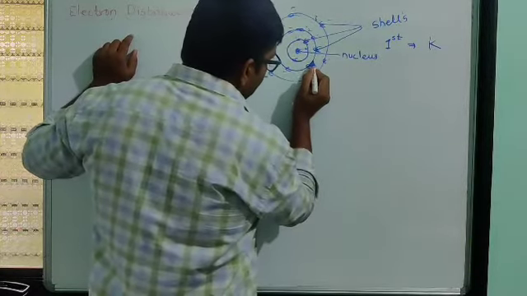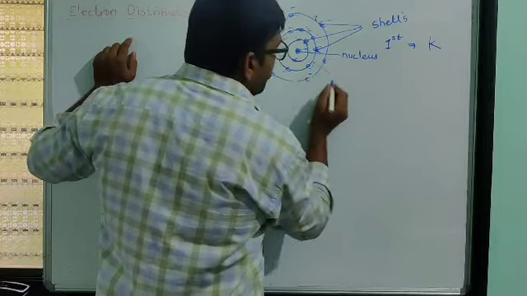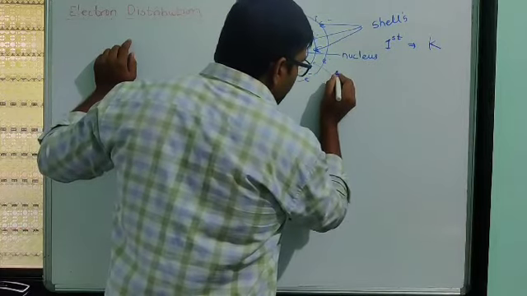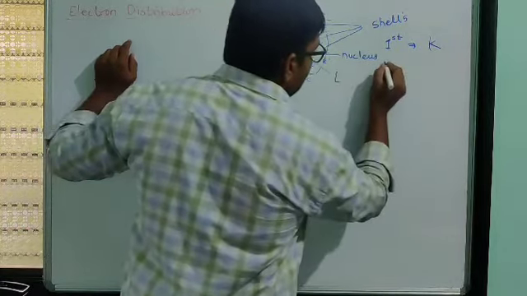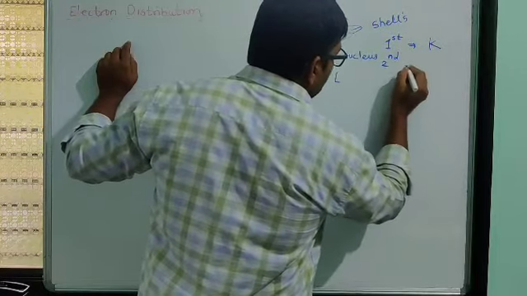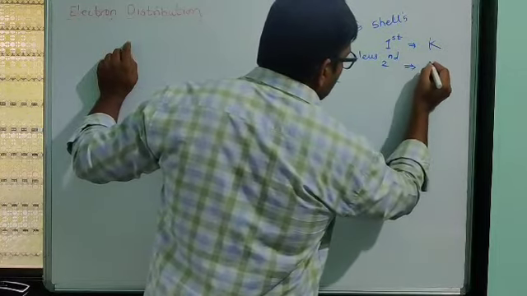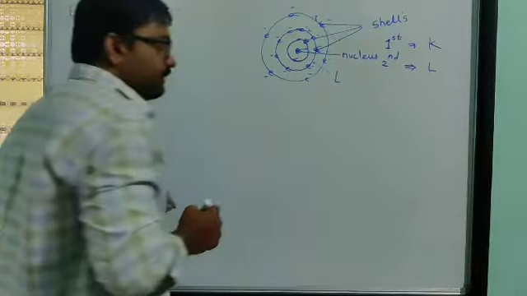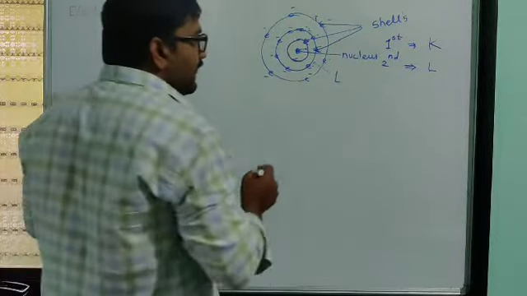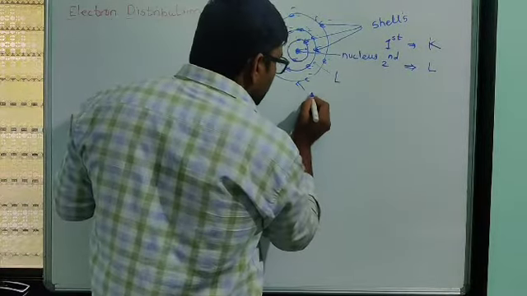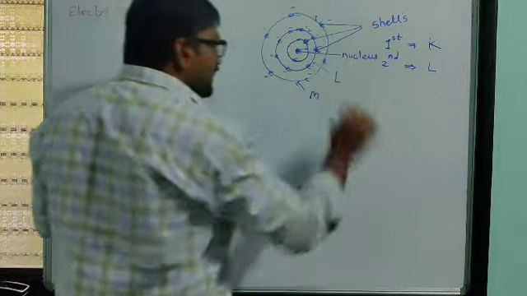Then this is the second shell. After K, which letter comes? L. So the second shell is called the L shell. K, L. Then the third shell, the letter after L, what?